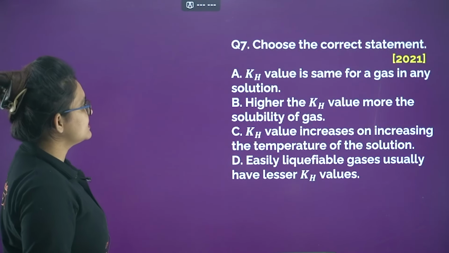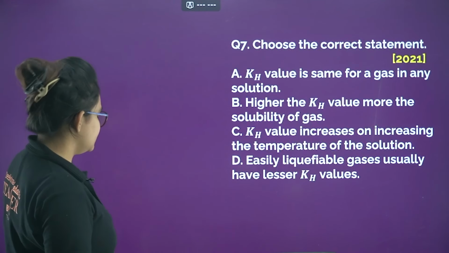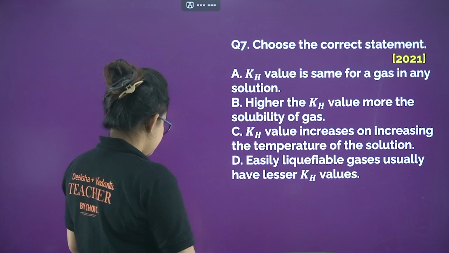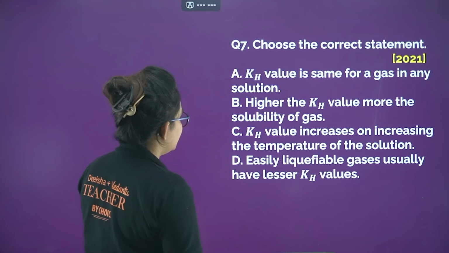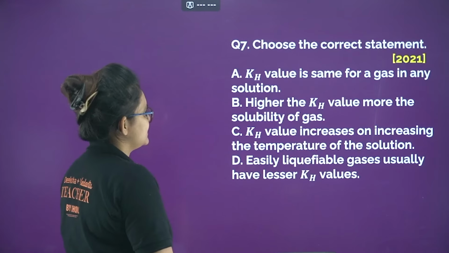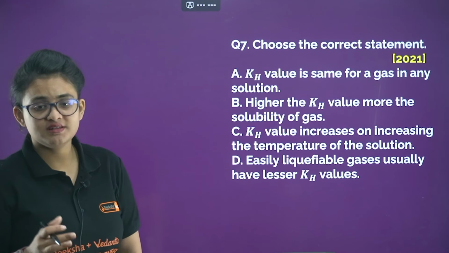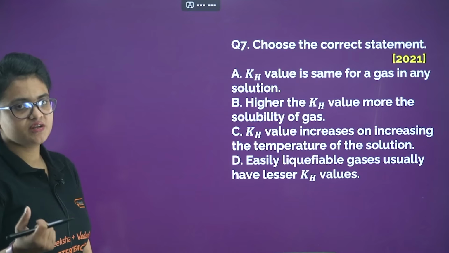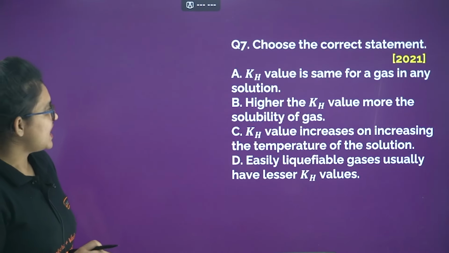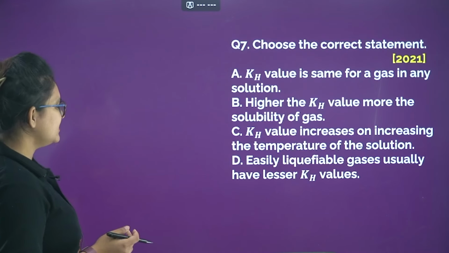Here, choose the correct statement. First, the KH value is the same for a gas in any solution. Next, the higher the KH value, the more the solubility. Let's decide one by one. The KH value is not the same for a gas in any solution; they differ. Next, the higher the KH value, the more the solubility of the gas.